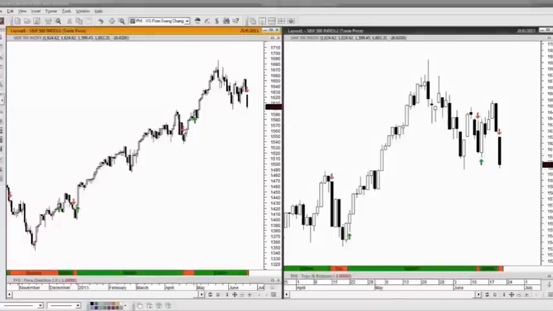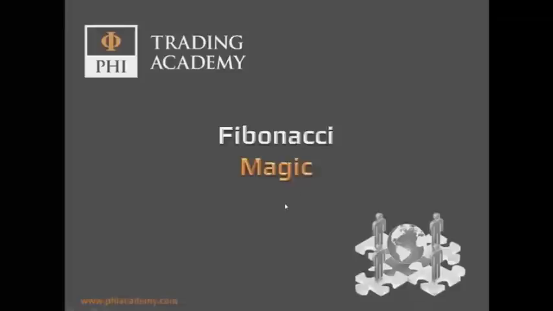Before we start with some Fibonacci magic, I'm going to go through some basic entry signals that we actually covered last time, but understanding this is a vital part of understanding how you can then apply Fibonacci to project price targets. So bear with me and we'll get to the Fibonacci magic in a minute.